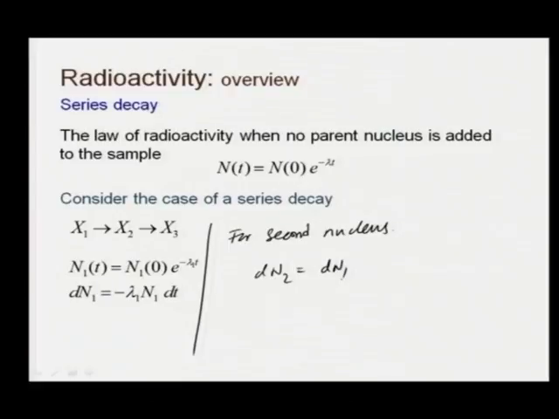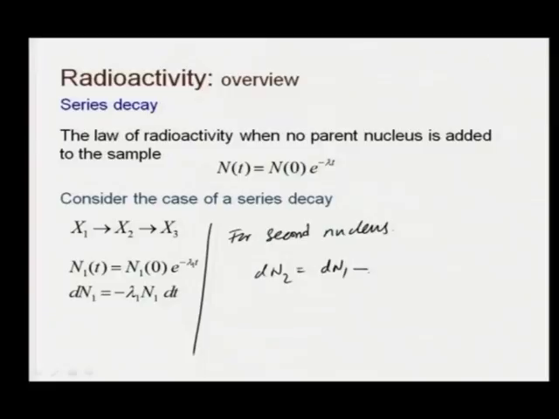So, dN1, which is the number of x1 type of nuclei decayed in dt time, is also equal to the number of x2 type of nucleus present in that sample if x2 is stable.